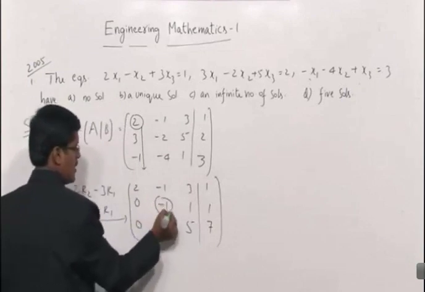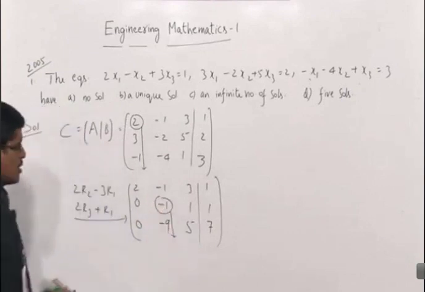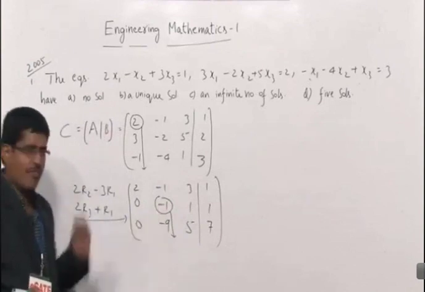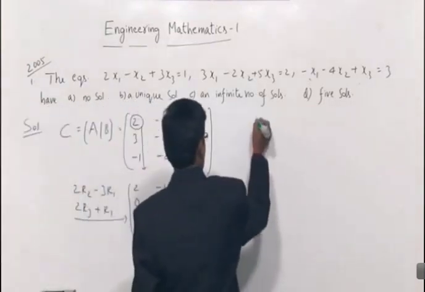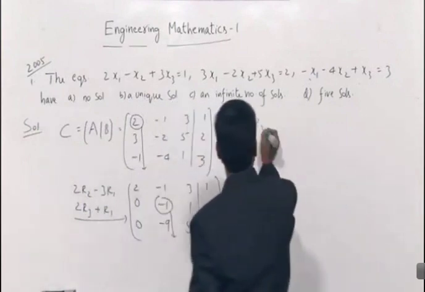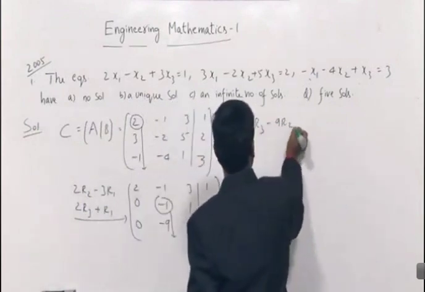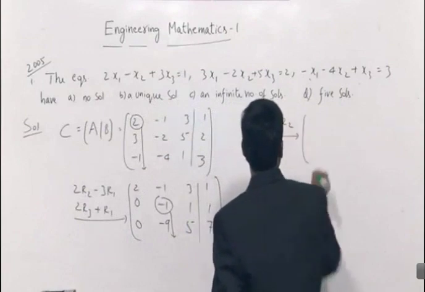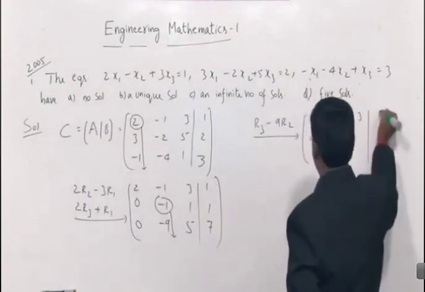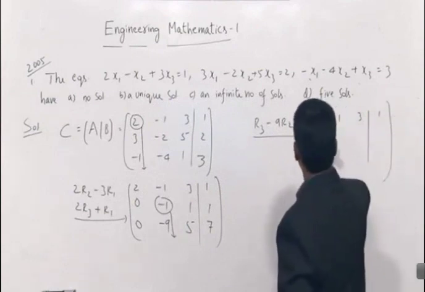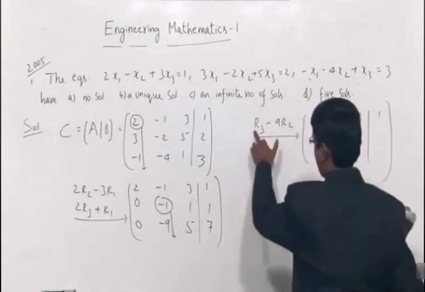The next step: in the second row, go to the first non-zero element, circle it, and immediately put the arrow. That means we have to make the R3 element 0 with the help of R2. So what is the operation here? R3 minus 9R2.